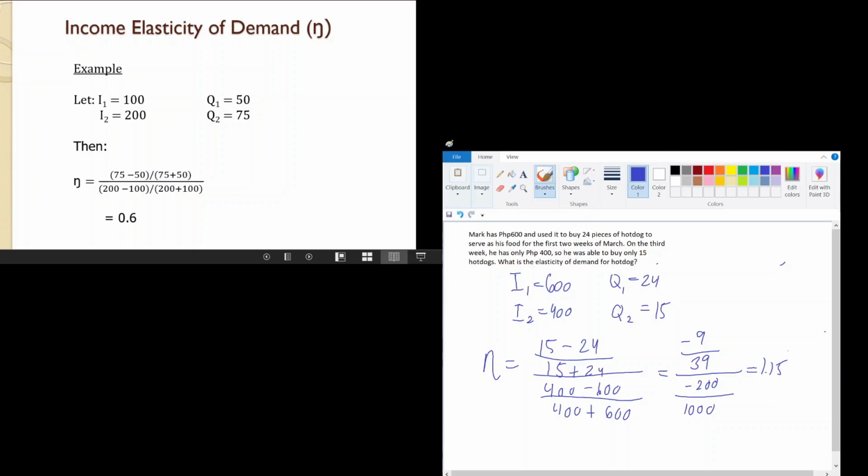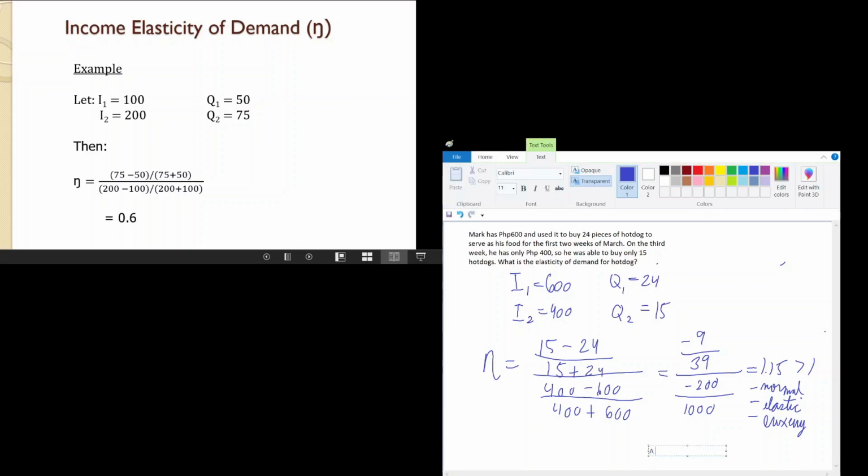So since it is positive, it is a normal good. And then it is greater than 1, therefore it is elastic. And so greater than 1, normal good, luxury. And we can interpret the value as a 1%, okay, a 1% increase or decrease in income.